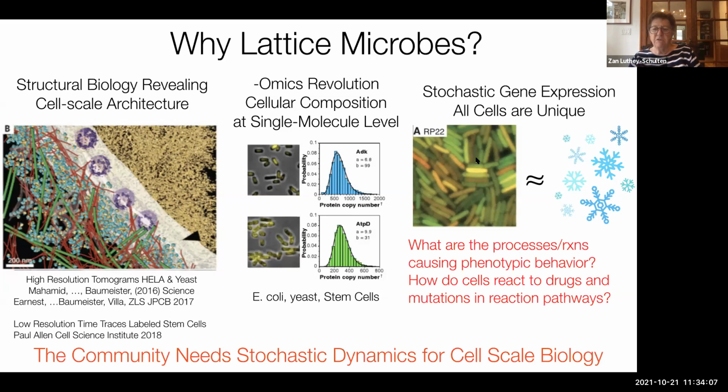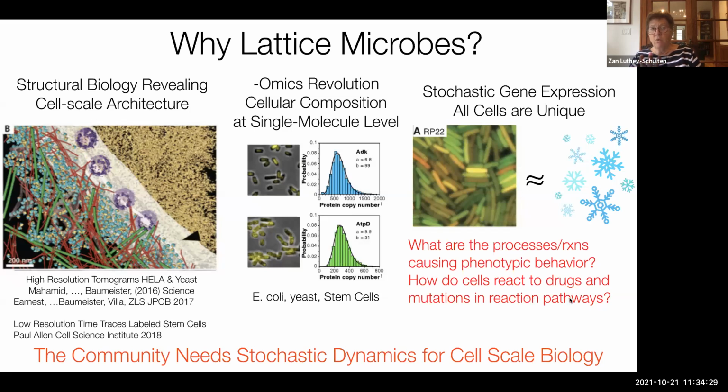Sometimes people say it's like you'll have snowflakes here. They'll cause phenotypic behavior. And if you now start getting a good model of the cell and all of its components, you can start addressing how cells react to drugs or to mutations in the reaction pathways.